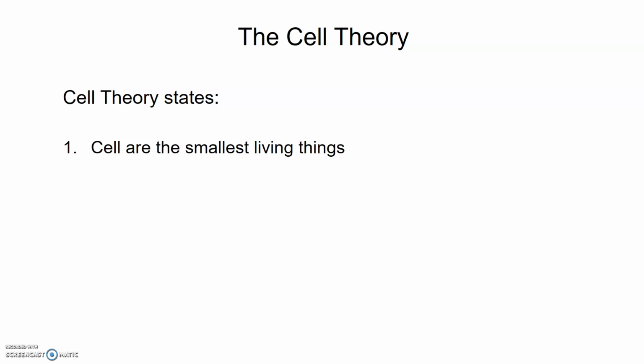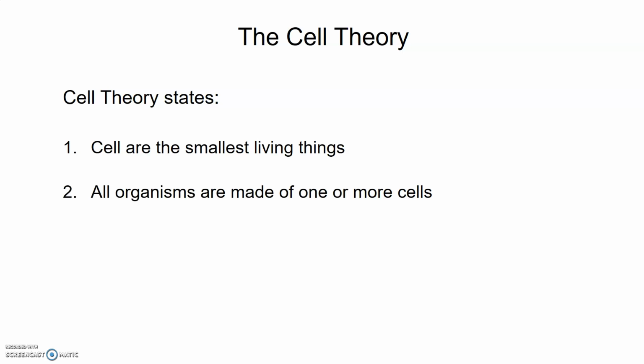So as we already discussed when we talked about the organization of living things, cells are the smallest living thing, and that is the first component of the cell theory. The second part of cell theory states that all organisms are made of one or more cells. And so if cells are the smallest living things, all living organisms are also made of cells.